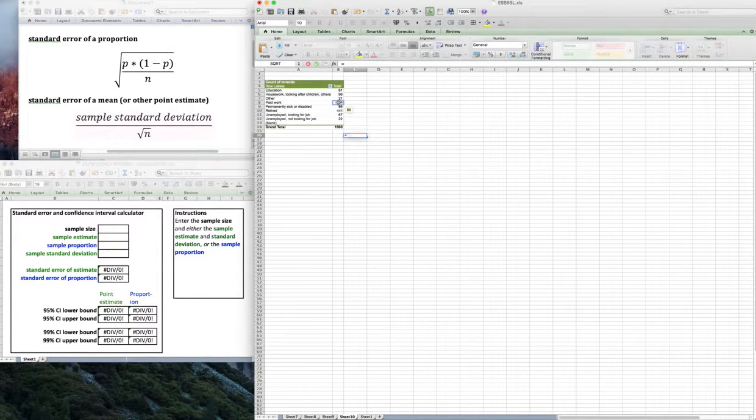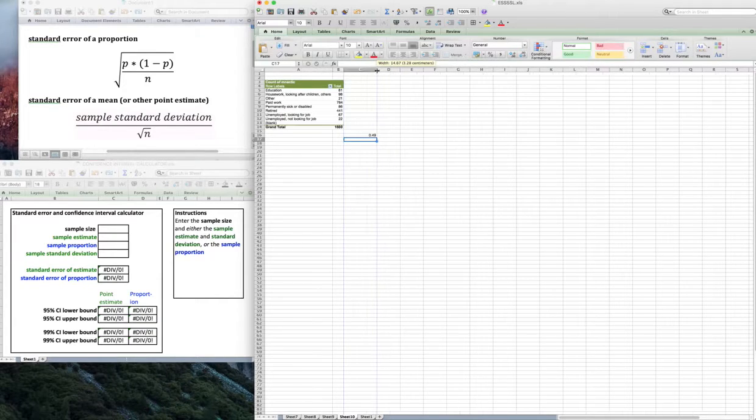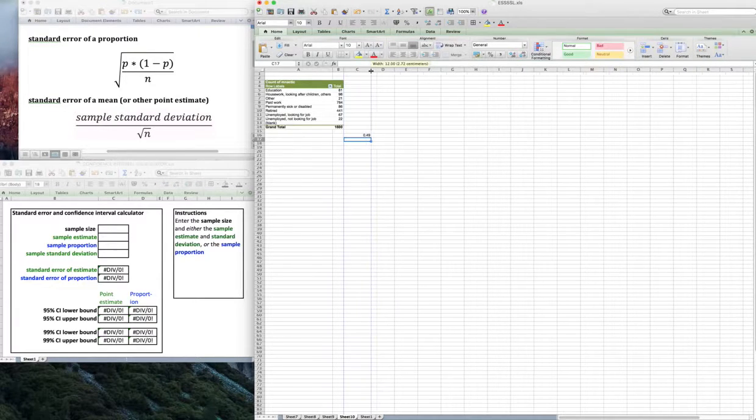Equals 784 divided by 1,600, 0.49 to 2 decimal places. It's 0.49000. Otherwise, well, let's just check what Excel is doing here.